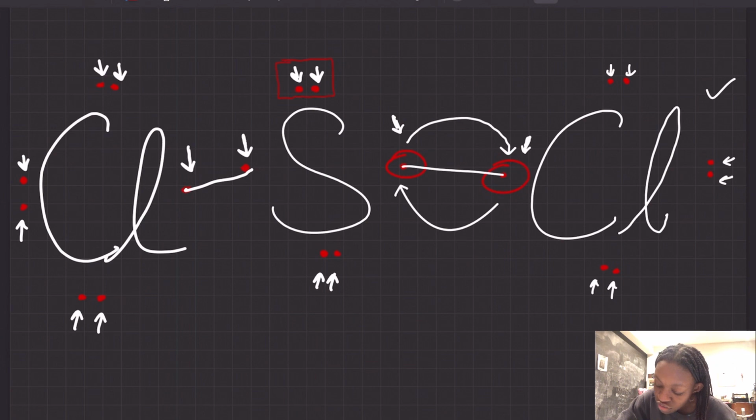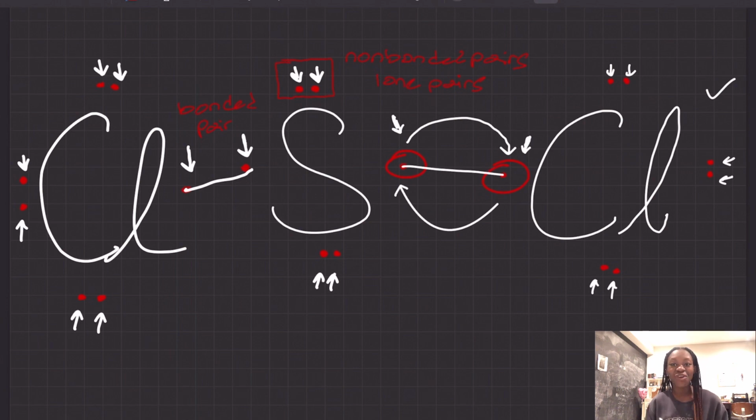These are called non-bonded pairs or lone pairs. That was honestly the entire point of this example, just to tell you what a non-bonded or a lone pair is, as opposed to a bonded pair, which is seen right here in a pair of electrons that shares a bond across 2 elements.